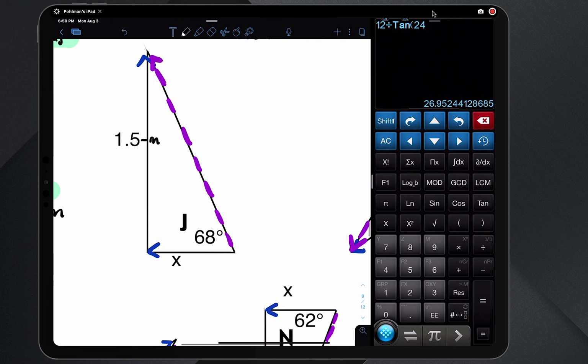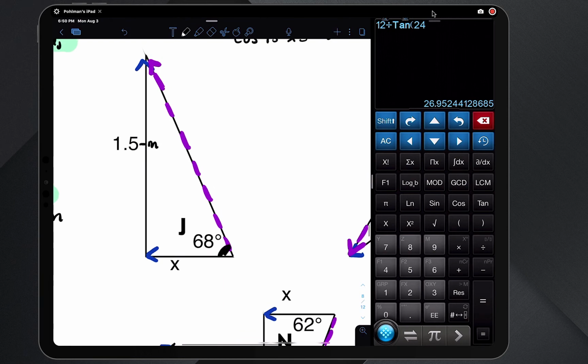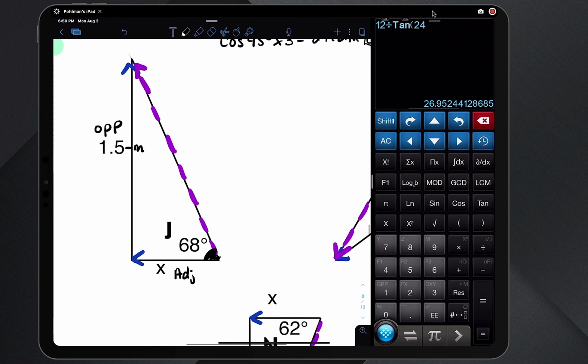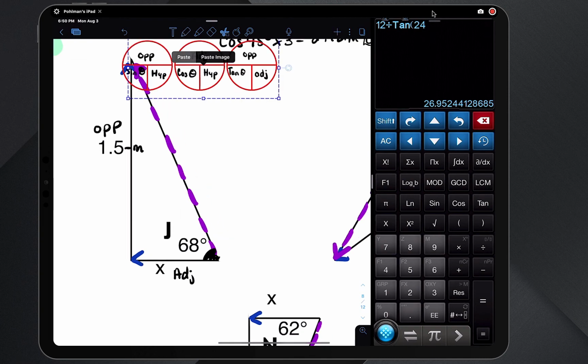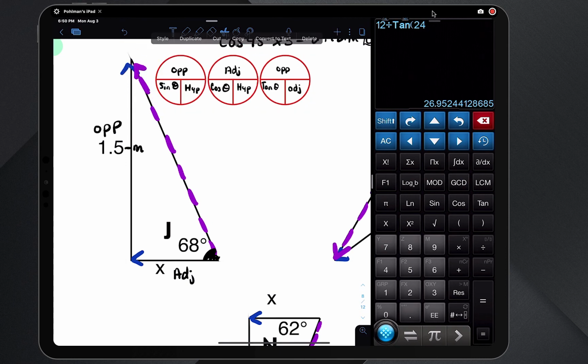So we go to J. Letter J, our angle is at the bottom. 1.5 is the opposite side. That means the x is the adjacent. On our list of formulas now, I see that I have opposite and adjacent to work with. That tells me that I have to deal with tangent. So out of that tangent, I'm trying to find the adjacent side.